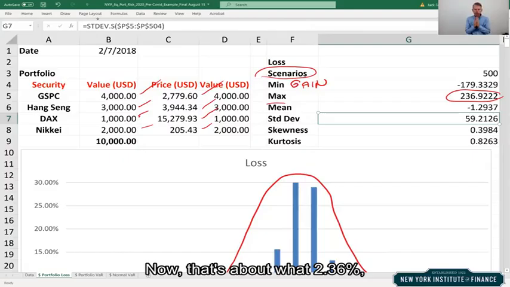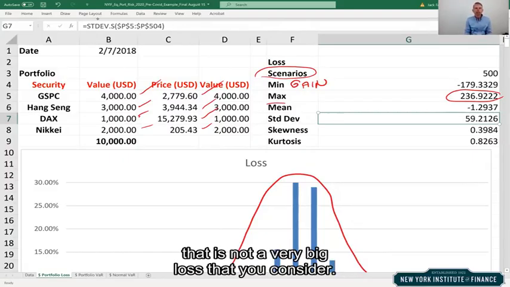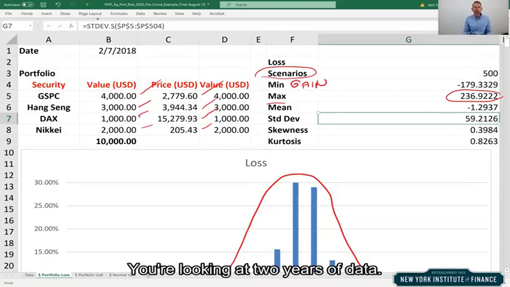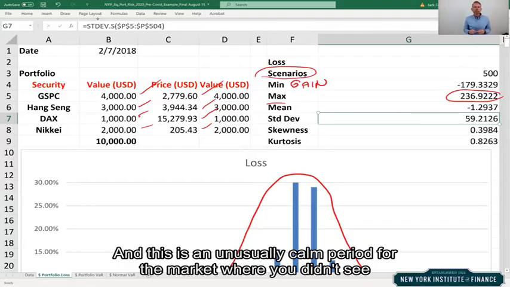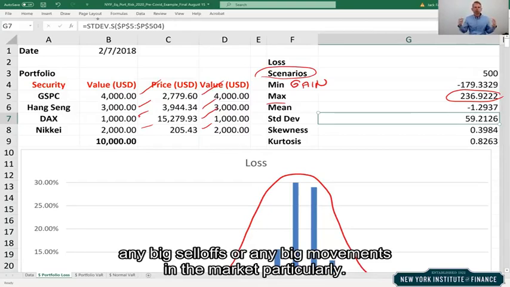Now, that's about 2.36%. That is not a very big loss if you consider you're looking at 2 years of data. I mean, that's actually very small for this period. And as I said, this was an unusually calm period for the market, where you didn't see any big sell-offs or any big movements in the market particularly.